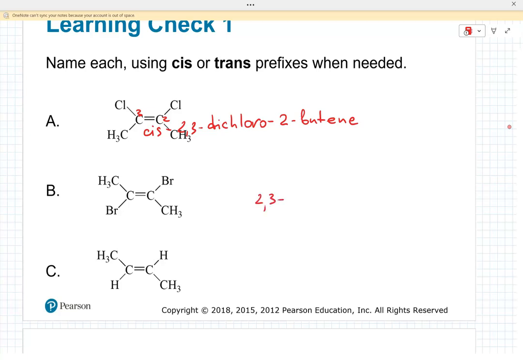Just bromo? Dibromo. 2-butene. Do you need to add cis or trans? Yes. What should it be? Trans. And the bottom one?